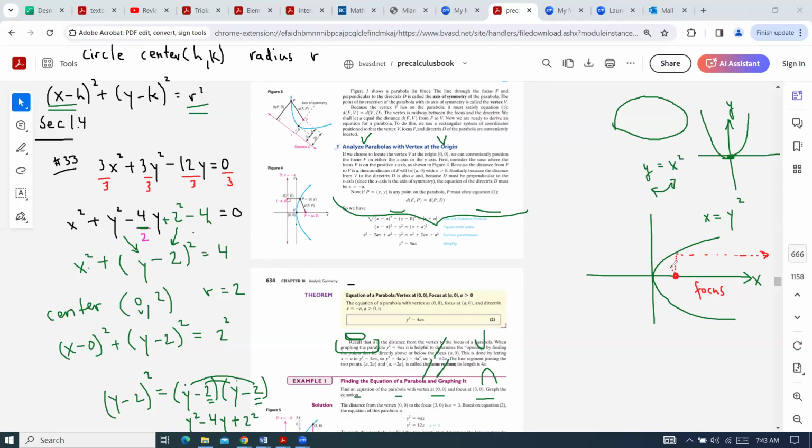And all these light beams are going to go parallel with each other. So this way you get a very good flashlight.